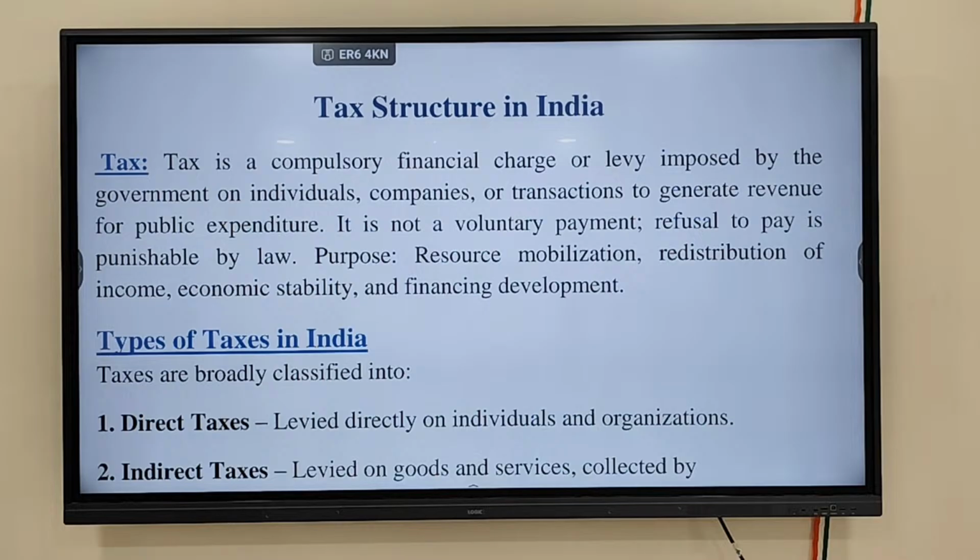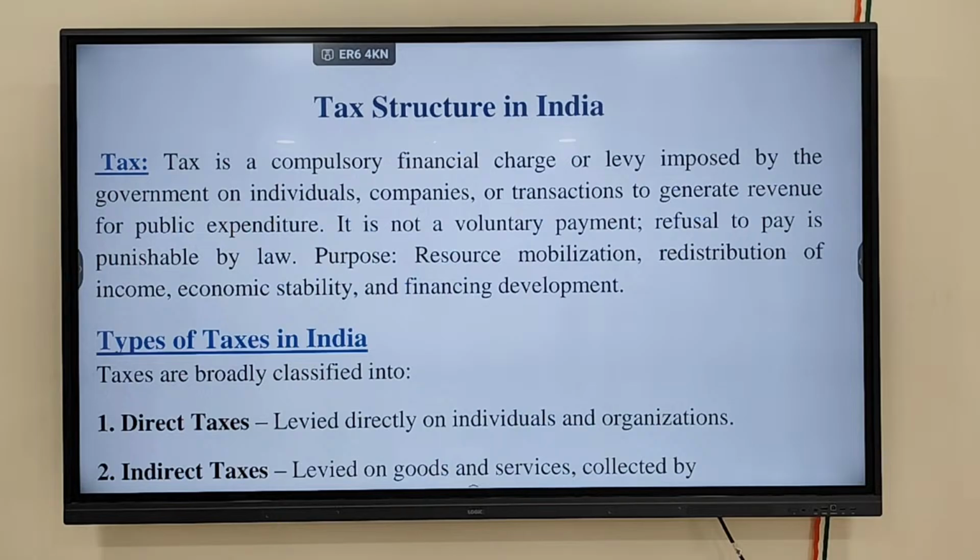What is tax? What is tax? Okay, correct. Then what are the different types of tax?